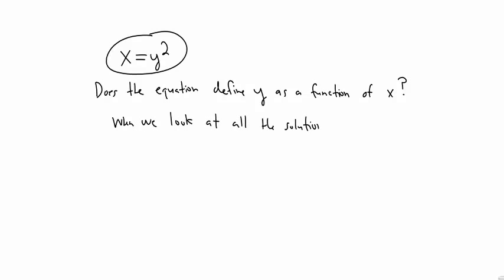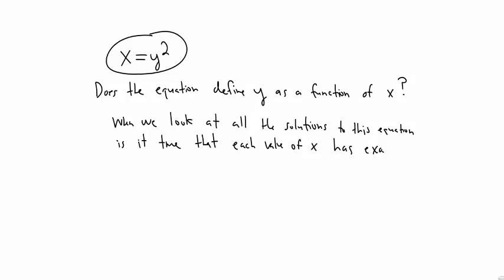So when we look at all of the solutions to this equation, what we want to know is whether it's true that each value of x has exactly one value of y associated with it. Exactly one.